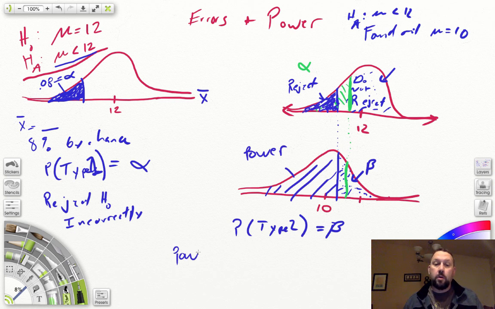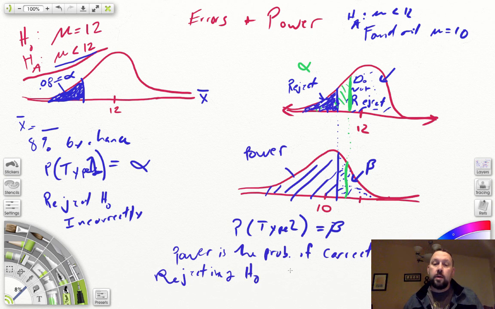So power is the probability of correctly rejecting the null. And in every case, power is equal to 1 minus beta, because beta was the likelihood that I did not reject the null incorrectly.